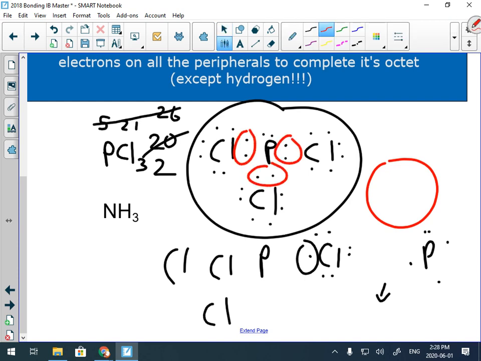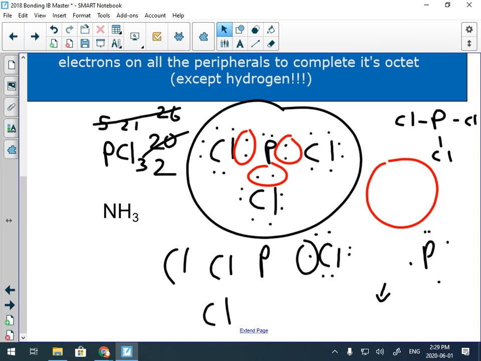And I show the connecting bond pairs with a line. So the structural diagram looks like this. Oh, glorious. Now you might have seen structural diagrams everywhere, and you're going to learn how to do this on Monday. Okay, that's the lesson for today.